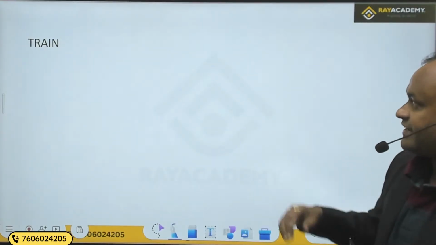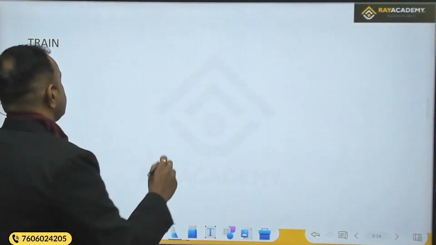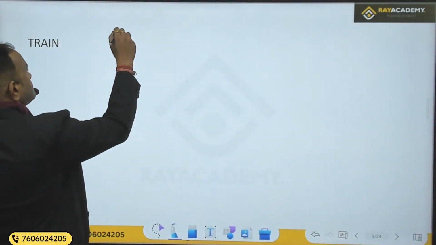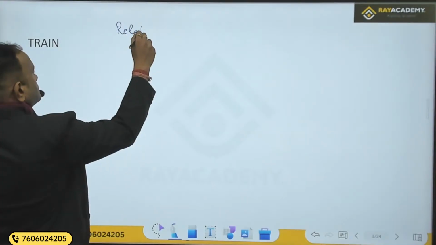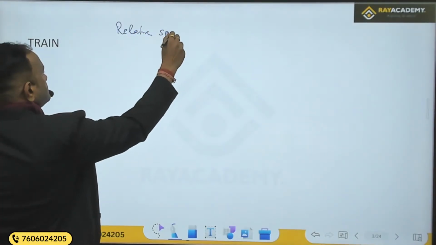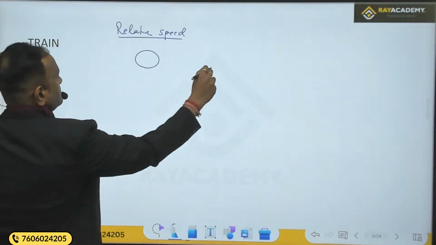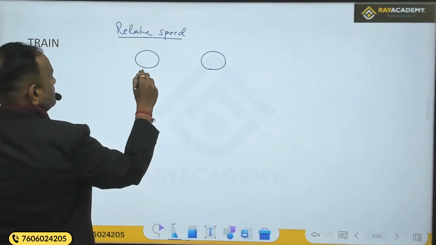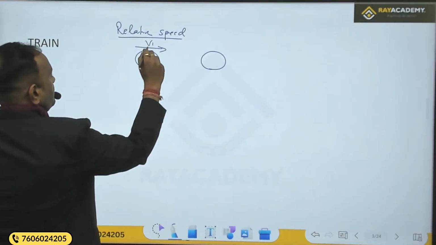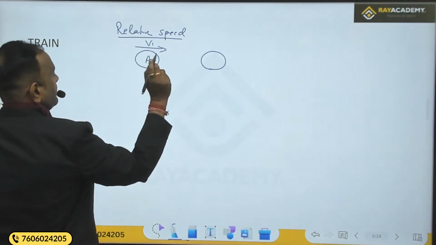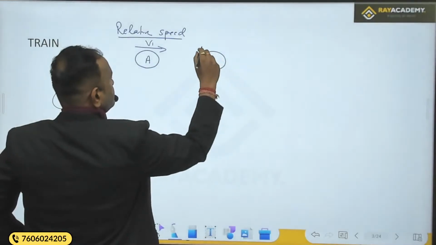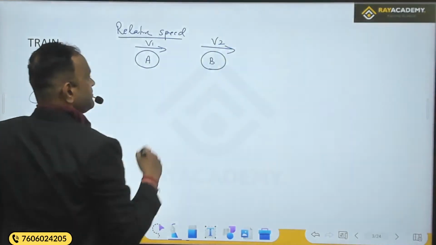Then come to trains. Before that we need to know the relative speed concept. What is relative speed? Suppose there are two objects. This is A, moving with a speed of v1, and another object moving with the speed of v2 in the same direction.